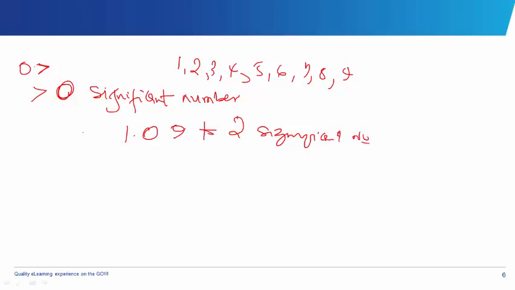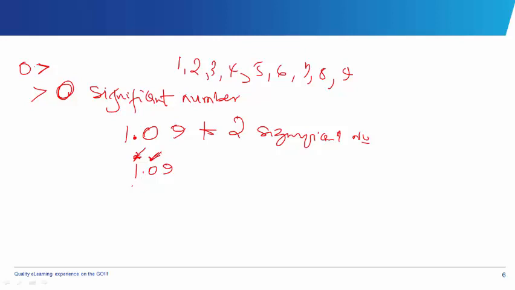Let's look at this example very well. 1.09. 1 starts the number. This is where we'll start counting from. When you talk of significant numbers, we count from the first number. So 1 is a significant number, and this 0 is also a significant number because it's immediately after the 1.